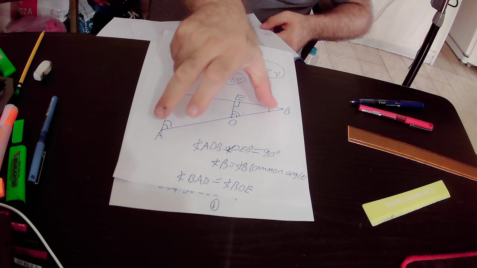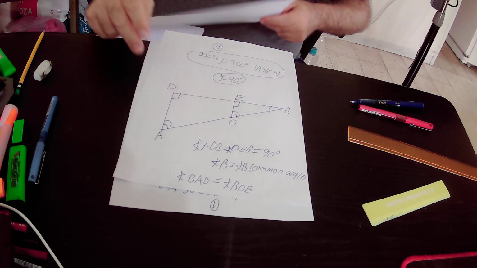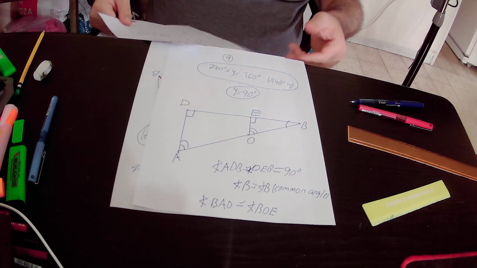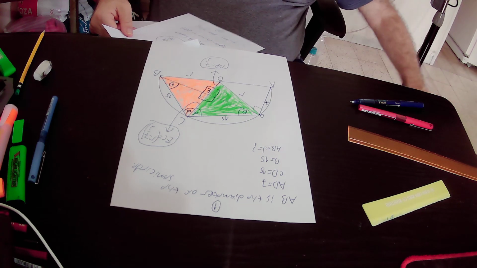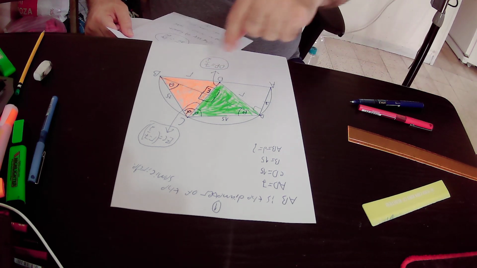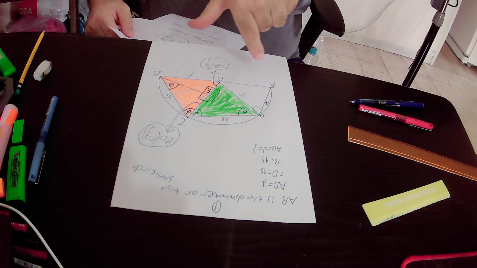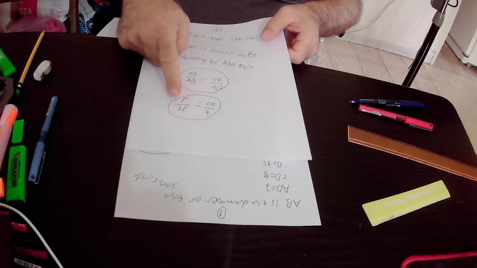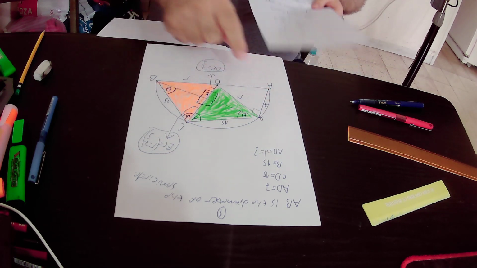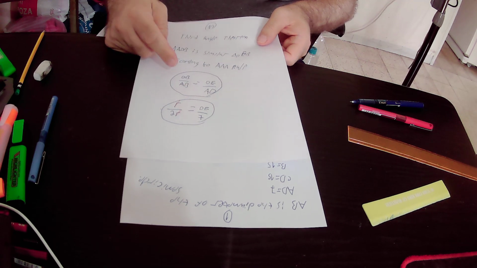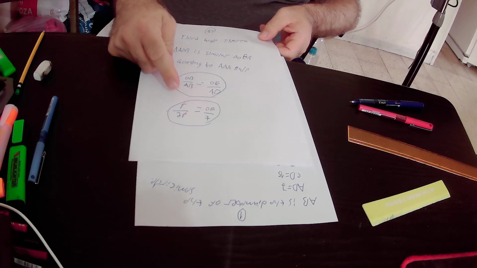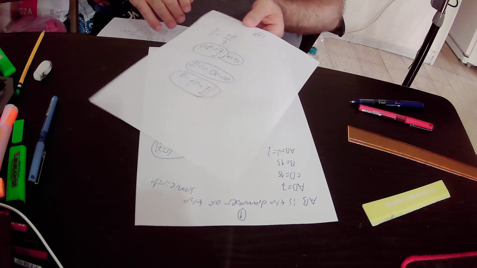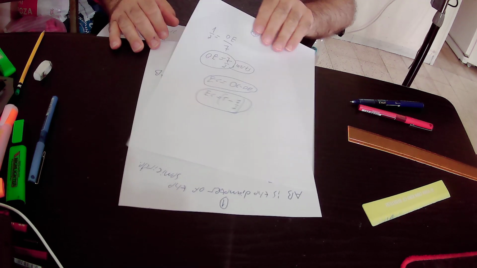We know that OB equals R, AB is the diameter, so it equals 2R, and AD equals 7 units. R is cancelled here, and we found out that OE equals 7 over 2 units.